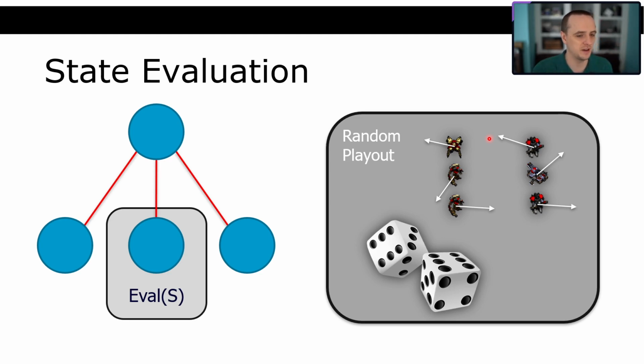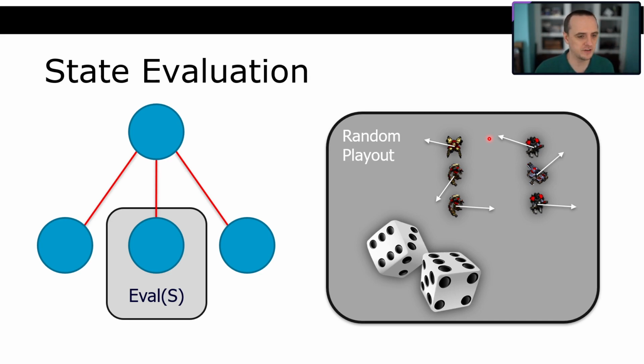So let's take a game of Go, for example. If you take a game of Go and you play out 100 games where people make random moves, and you find that one player won 80% of the time when both players took random moves, then it's probable that that player was winning at that state, right? They were ahead at that state.